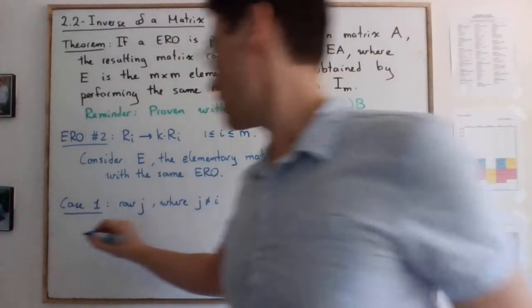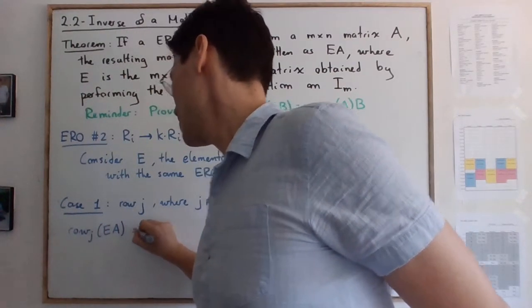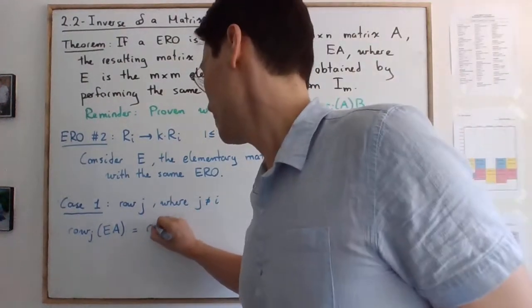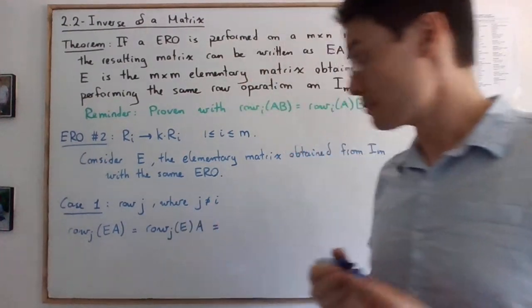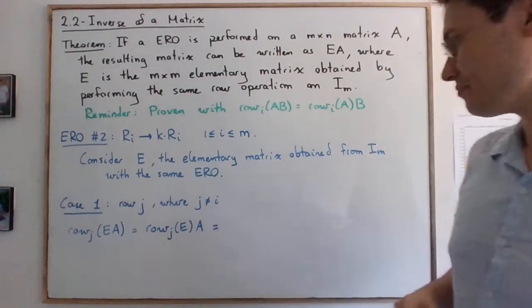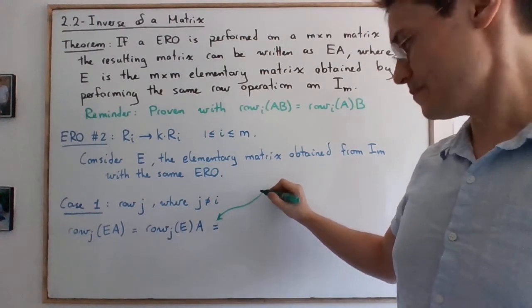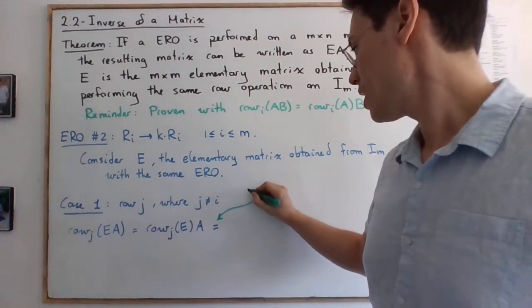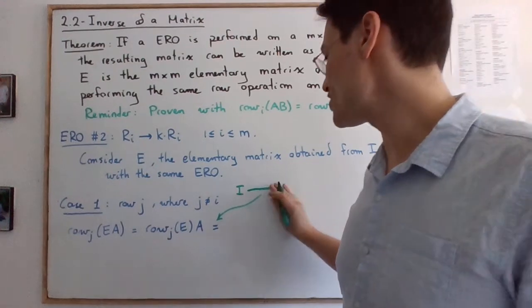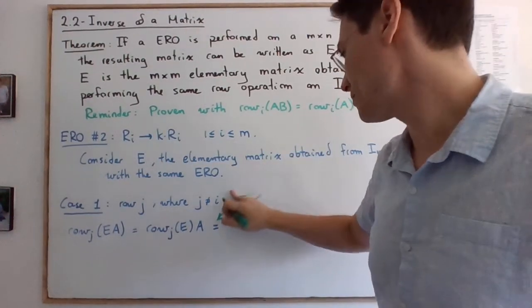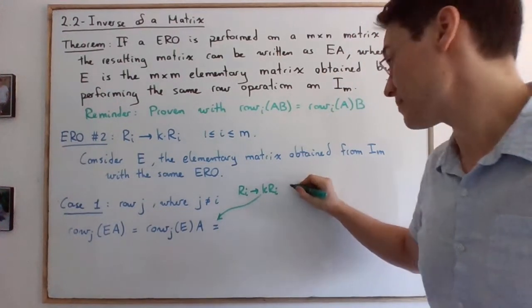Then the row j of E times A, using the identity, is equal to row j of E multiplied with A. The most important part of the argument is that the row operation, R_i going to k R_i, doesn't change row j.